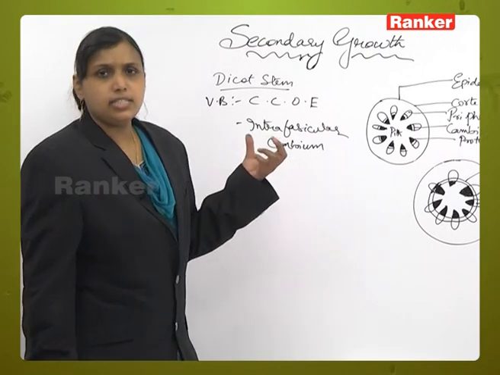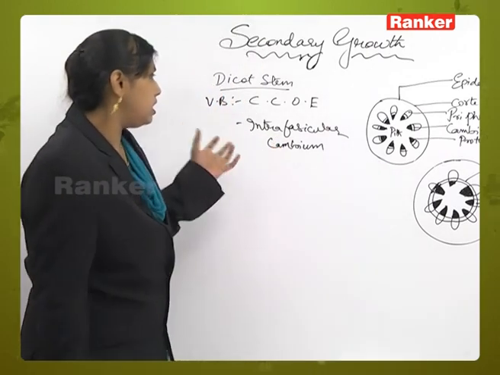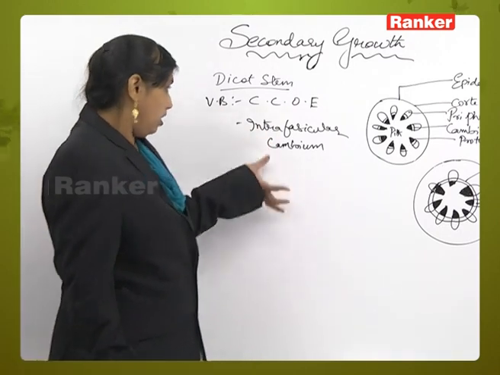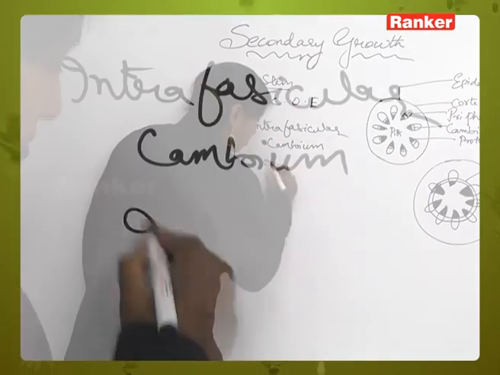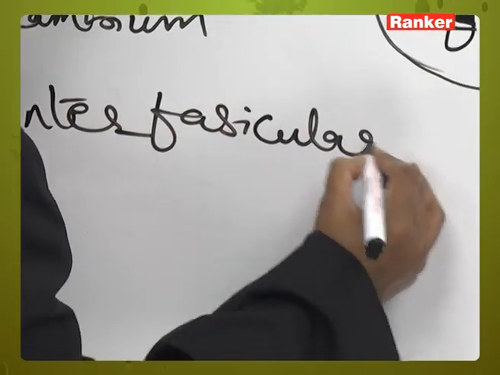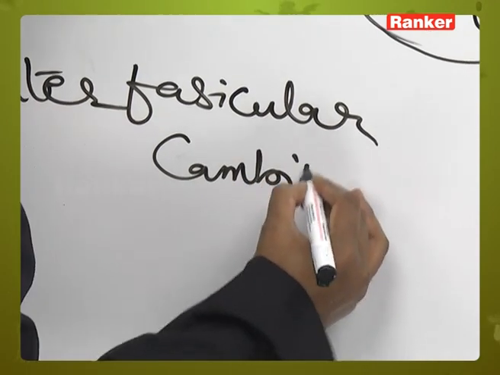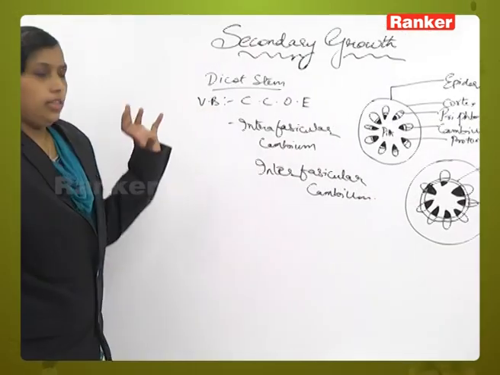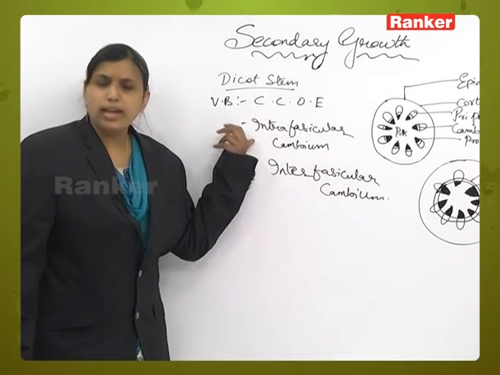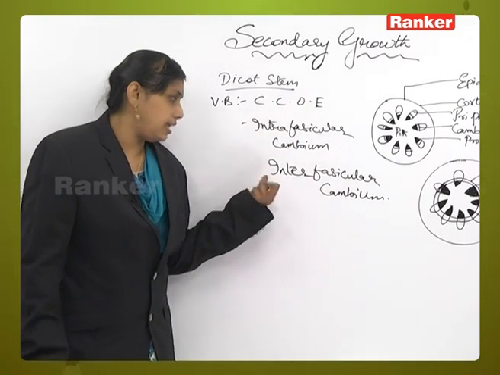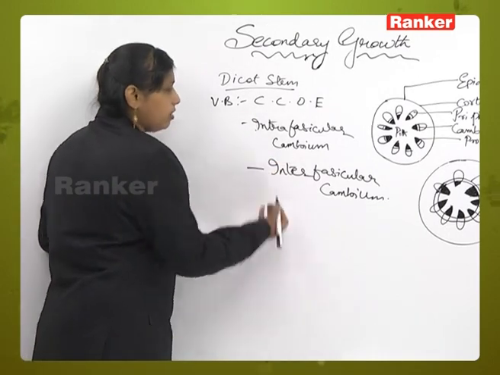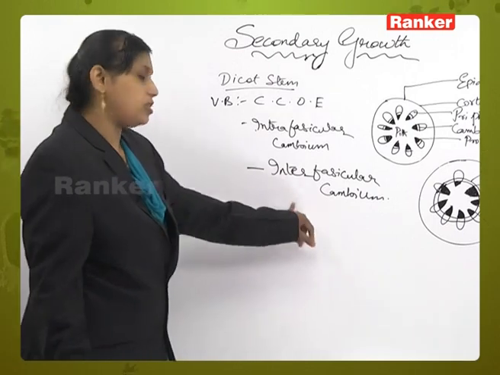Now, the parenchyma cells of the medullary rays which are located in between the fascicular cambium are called the interfascicular cambium.